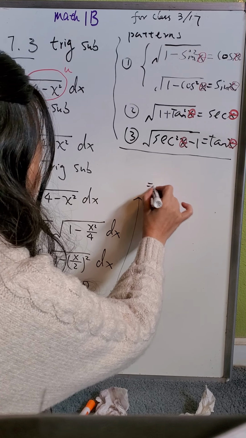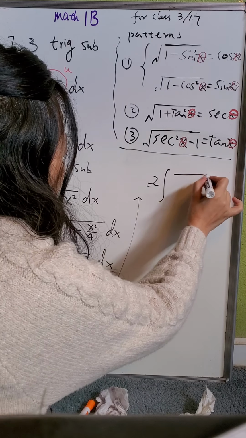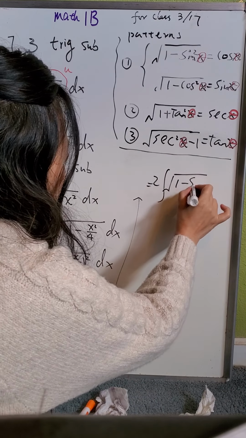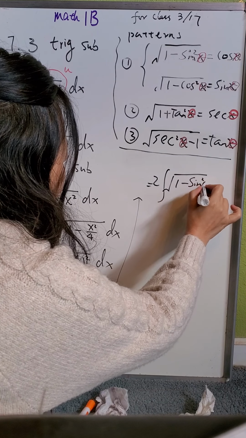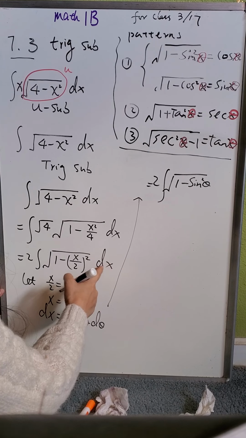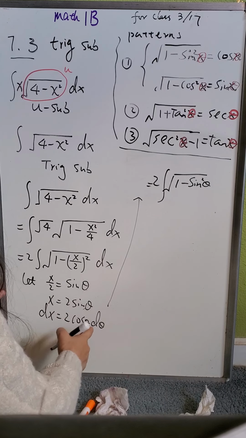So now I'm going to replace everything in terms of theta and continue here. That's equal to 2 times, now that becomes 1 minus, because my x over 2 equals sine theta, so it becomes sine squared theta. And then my dx is equal to 2 cosine theta d theta.